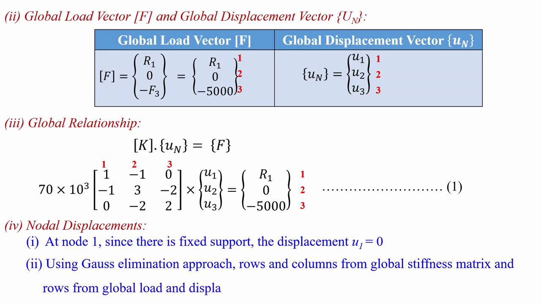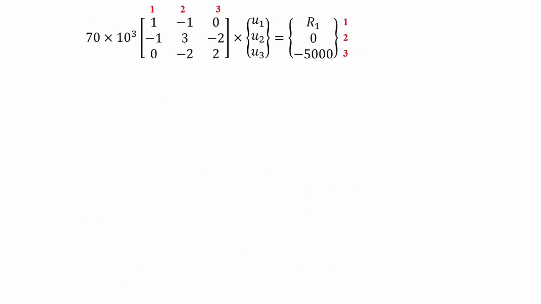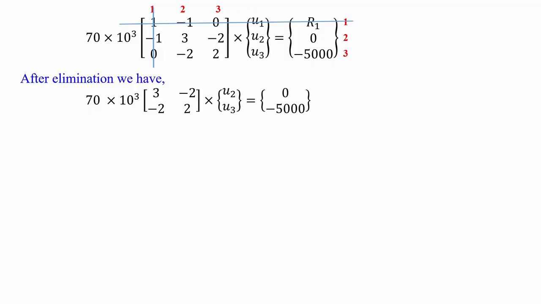So after elimination, we'll have 17 to 10 is to 3 into the matrix of 3 minus 2, minus 2 2, into the displacements U2 U3, that is equal to the matrix of 0 and minus 5000.